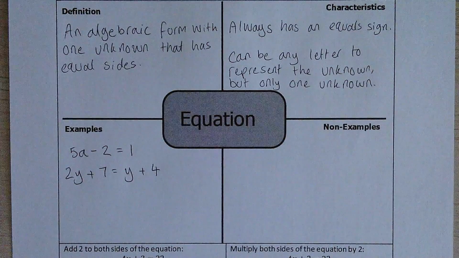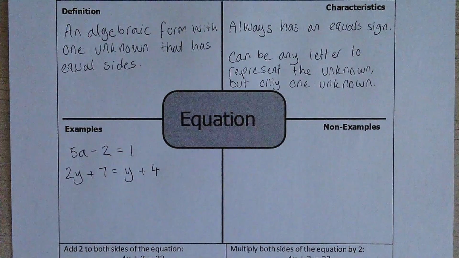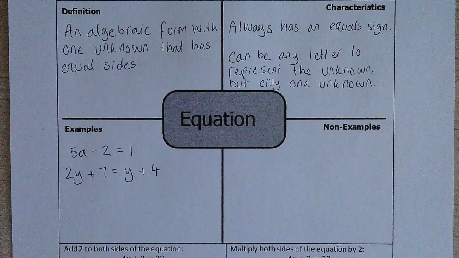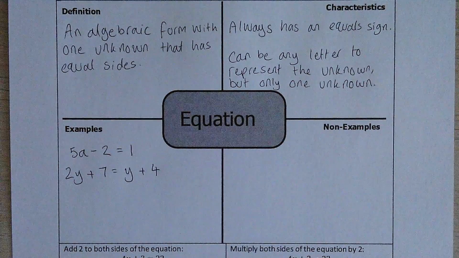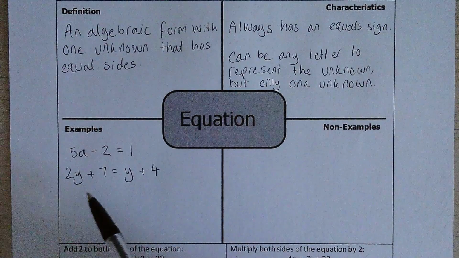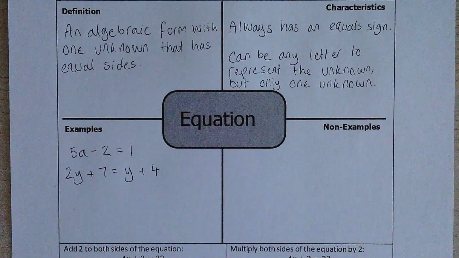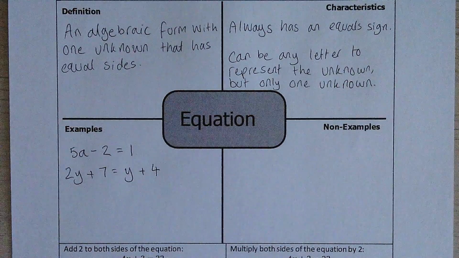We have two variables, this y and this y, but because they are the same letter, there is only one unknown value in this question, the letter y. So because we have one unknown and an equal sign, this is still an equation.